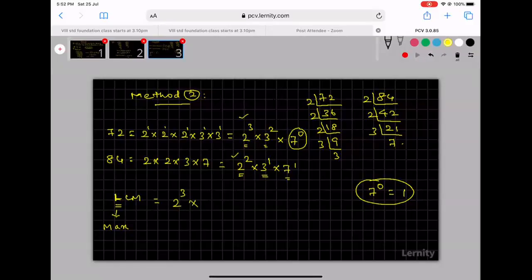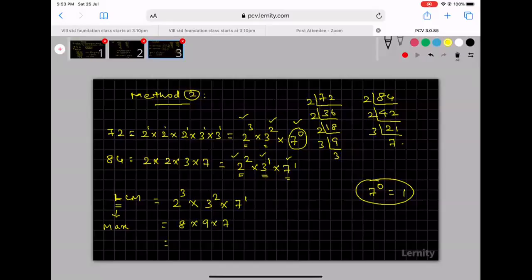And 3 square and 3 power 1, which one is maximum? 3 square. So I am writing 3 square. Here 7 power 0 and 7 power 1, maximum is 7 power 1. So I am getting 8 into 9 into 7.